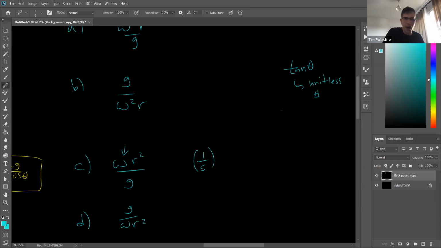The unit for r, the radius, is going to be meters. So I'm going to write that as m, squared the whole thing, and then divide that by the units for the gravitational acceleration, which are meters per second squared. If we do some algebra, we have meters squared over second squared divided by meters over second squared.